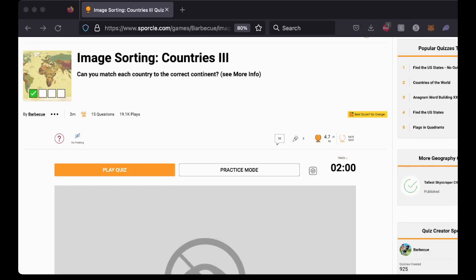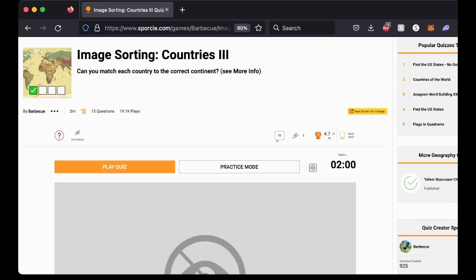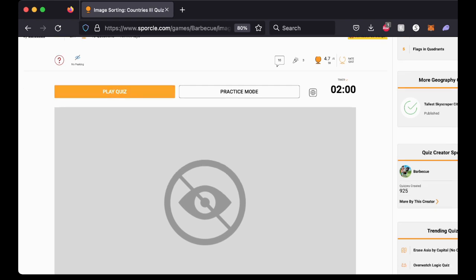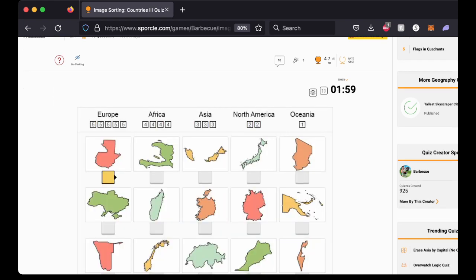Okay, so for this quiz, we'll have images and we have to say what continent they're part of. Hopefully they don't cheat and give us Russia, but we'll see. We have 2 minutes. Alright. That looks like Guatemala, so that would be North America.